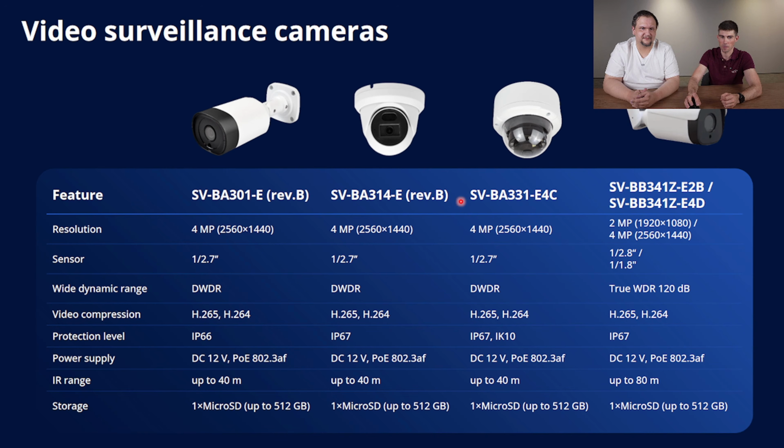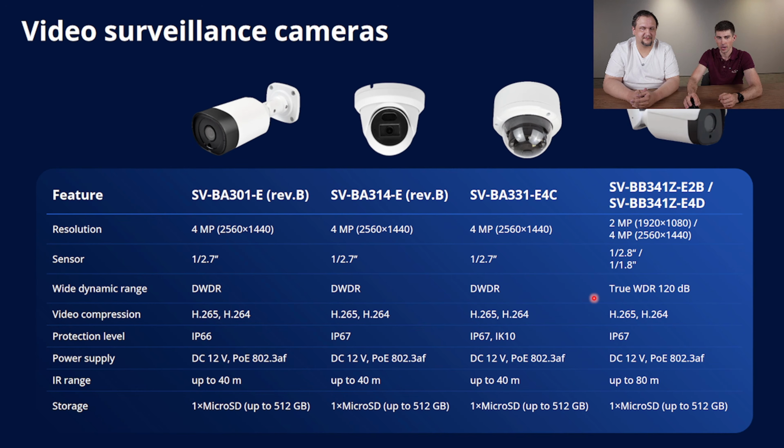The 301 and 314 cameras, and also the newly introduced 331, which is the anti-vandal version, or extremely protected version of the dome camera, have identical optics, identical image sensor throughout all the range.